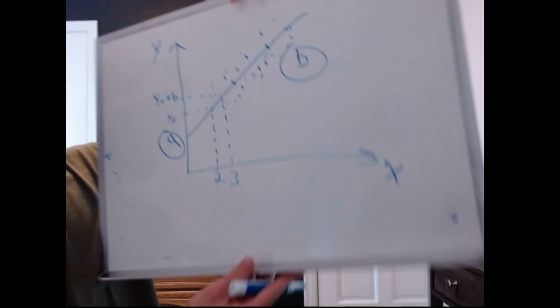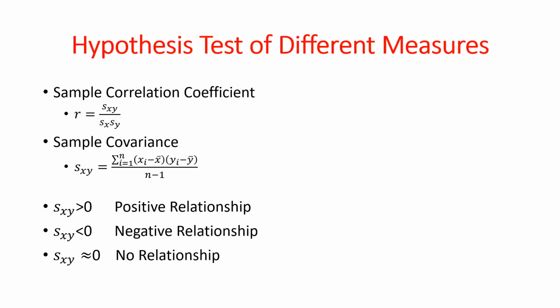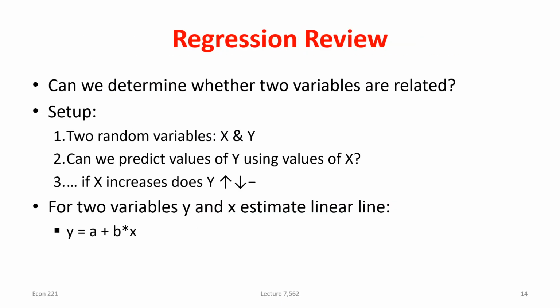That's really linear regression at its most simplistic explanation. So we've got this equation for the relationship between y and x. If that slope is positive, then there's a positive relationship between y and x. If it's pretty much 0, there's no relationship. If it's negative, then as x goes up, y actually goes down.